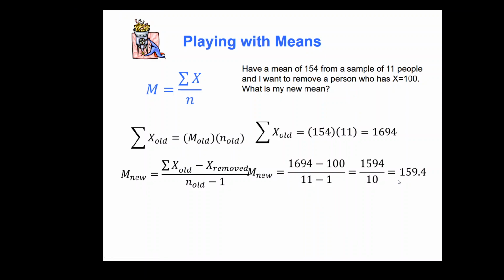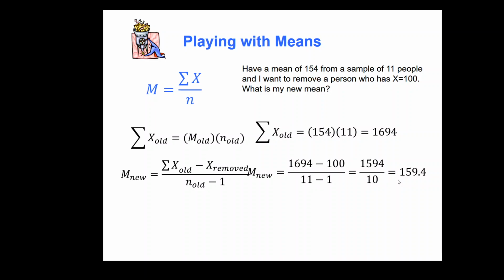Similarly, I can remove a value. It's the same formula, it's just a little different. I still calculate the sum of X, but now instead of adding a score, I'm removing a score. And since my sample size is decreasing by 1, I take my sample size, which in this case was 11, and subtract 1 to make it 10, and walk through the calculations. So if I have a mean of 154 from a sample of 11 people, and I want to remove a person who has X equal to 100, I can do that.